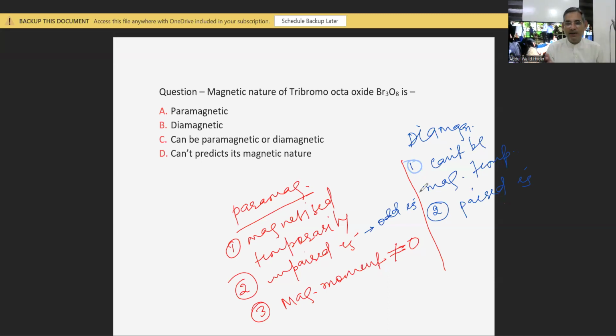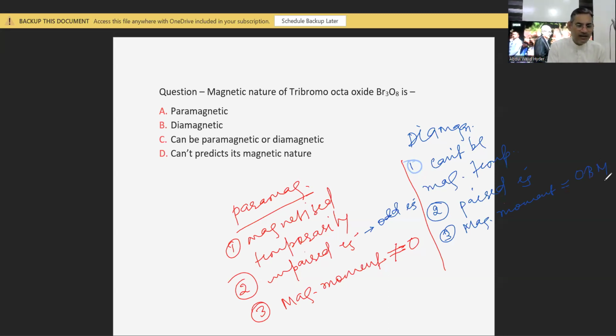But if paired electrons are there, then it can be paramagnetic or diamagnetic. But odd can't be diamagnetic. And the magnetic moment of diamagnetic species will always be equal to 0 BM.